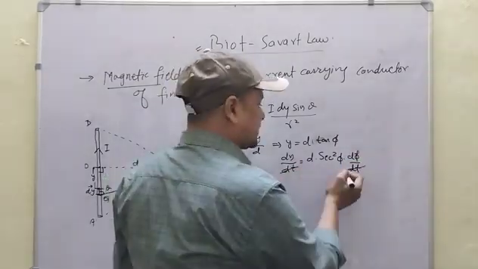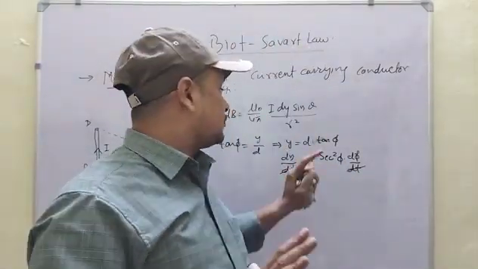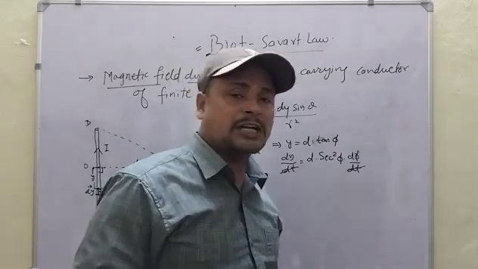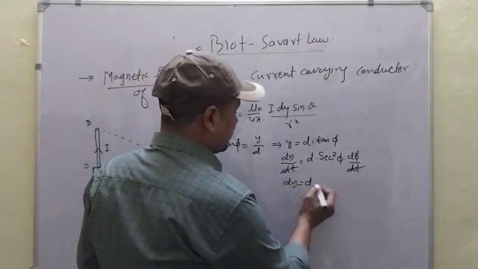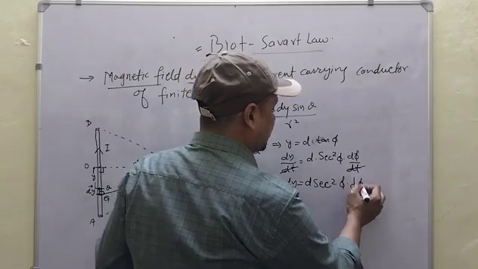So dt gets cancelled. That's why I told you we can differentiate the equation with respect to any variable, because it will cancel out. Now dy is equal to d sec square phi d phi.